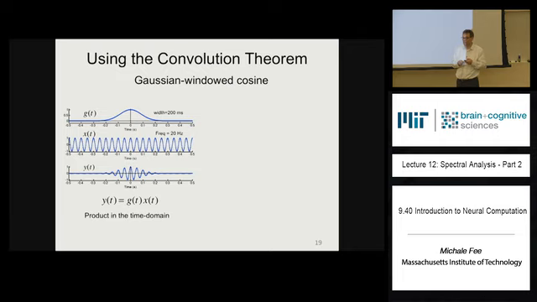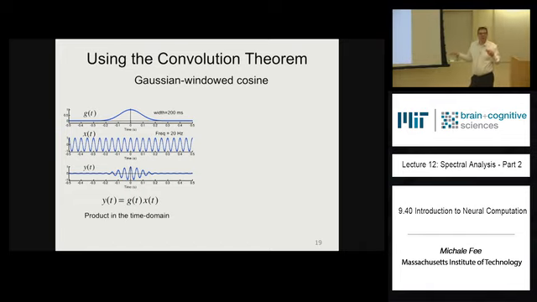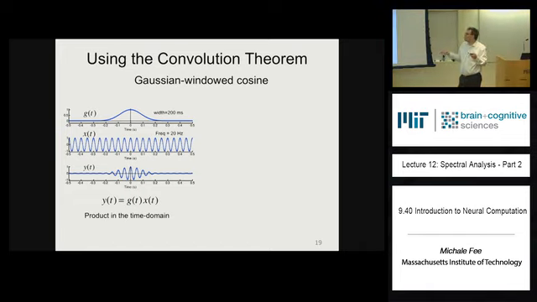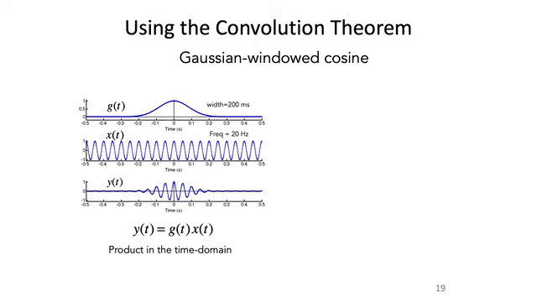What is that? Yeah, hold it up for me. What does it look like? Oh, yes, sine wave, thank you, like this. Okay, and so can you tell me right away what the Fourier transform of this is? You take the Fourier transform of that and convolve it with the Fourier transform of that.